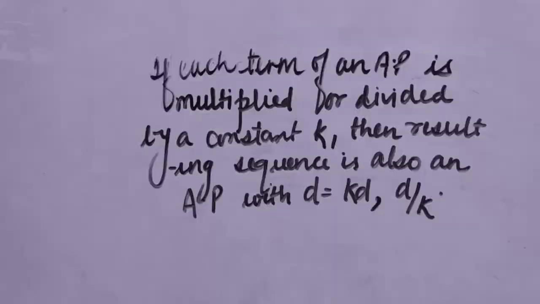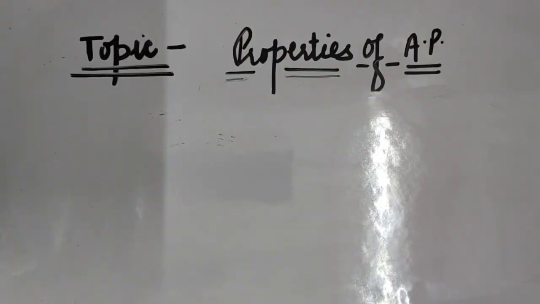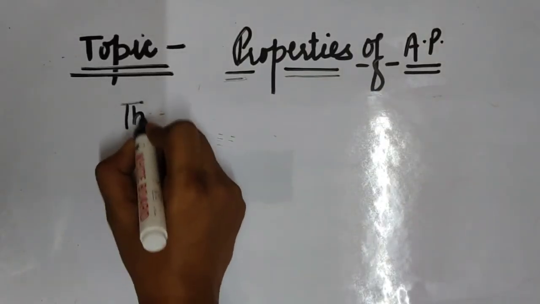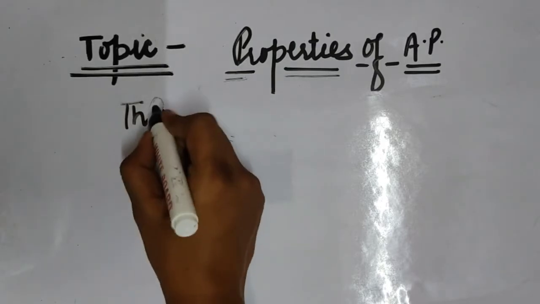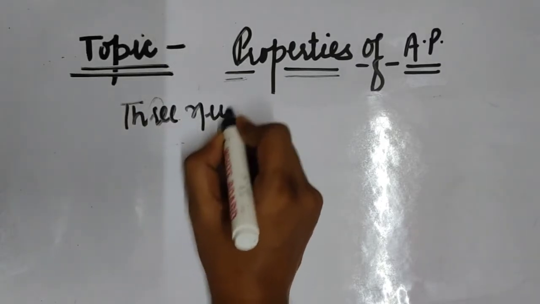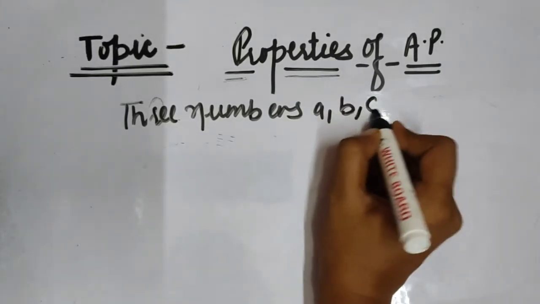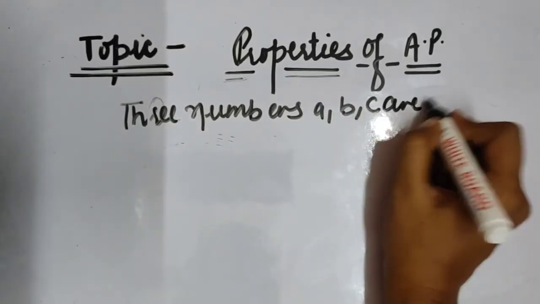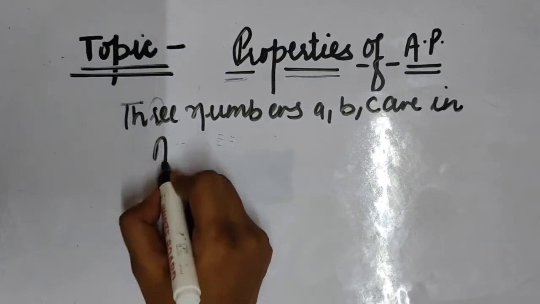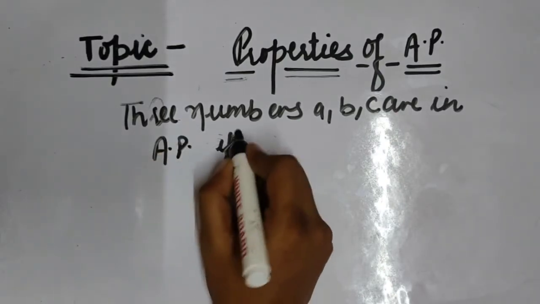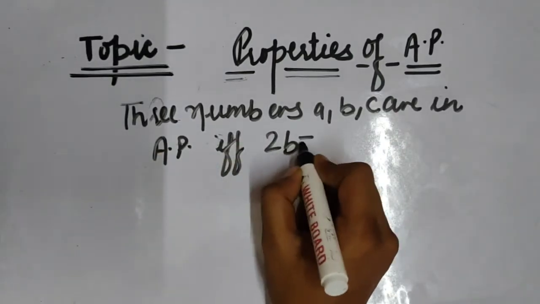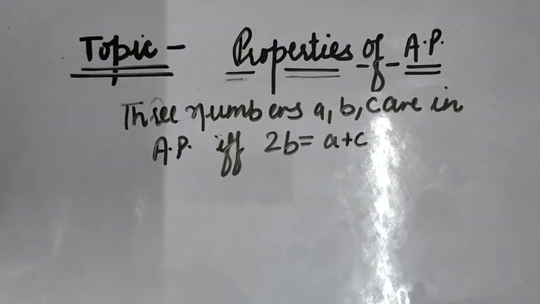Fine students? Yes students, our third property is three numbers A, B, C are in AP if 2B is equal to A plus C. Now see here how I will prove it.